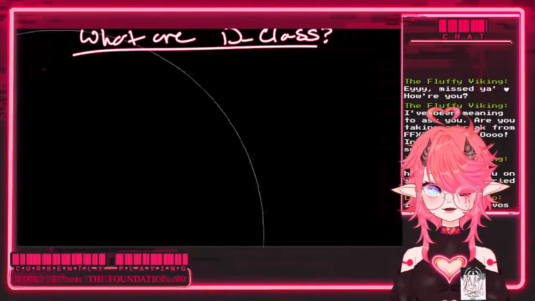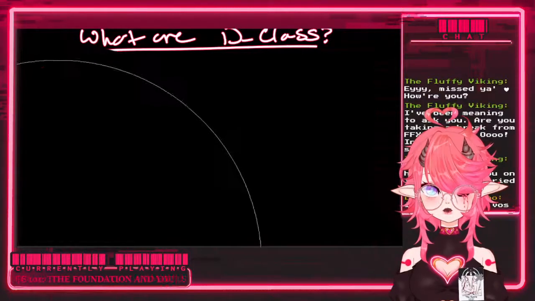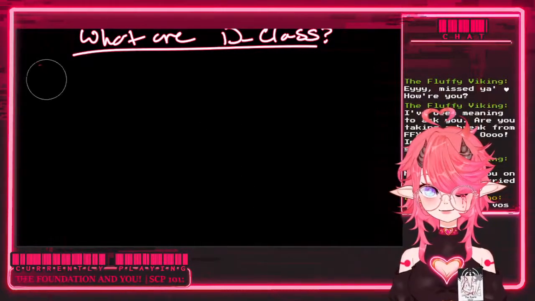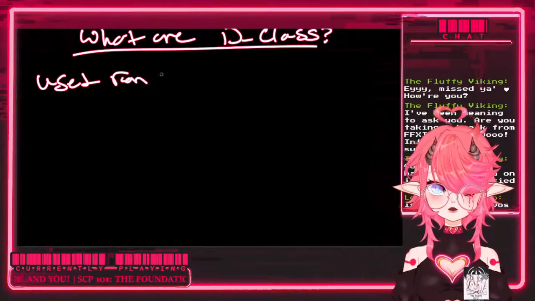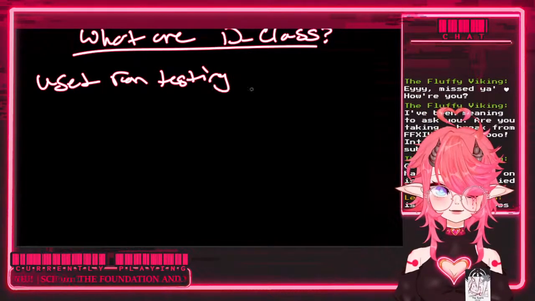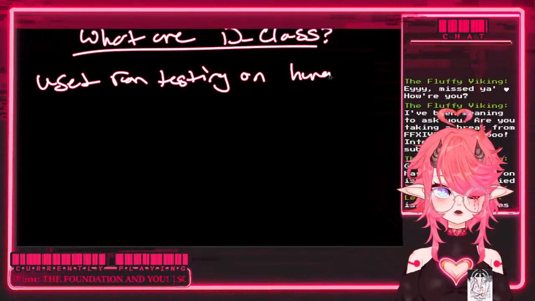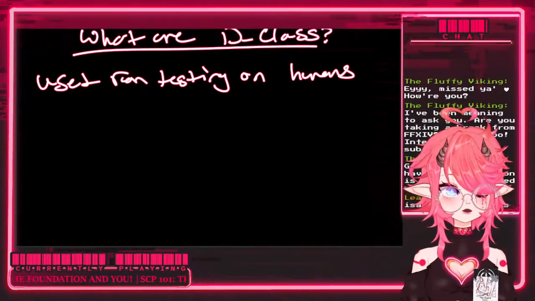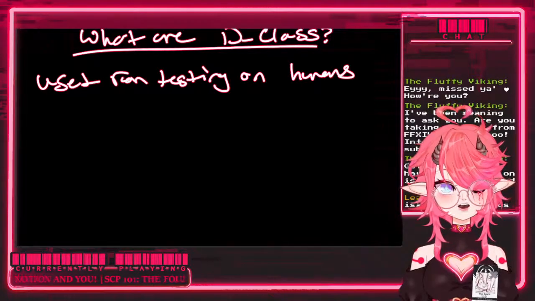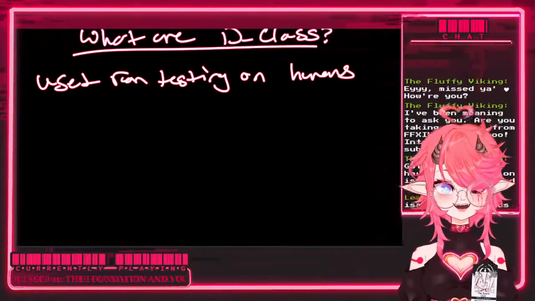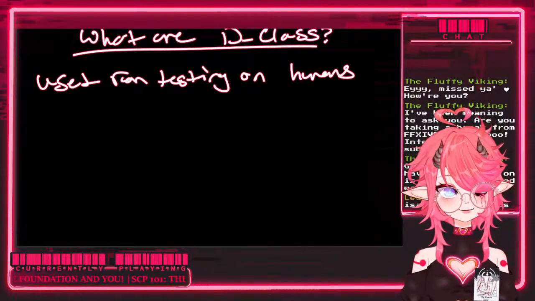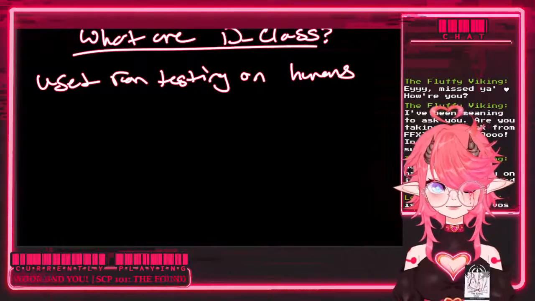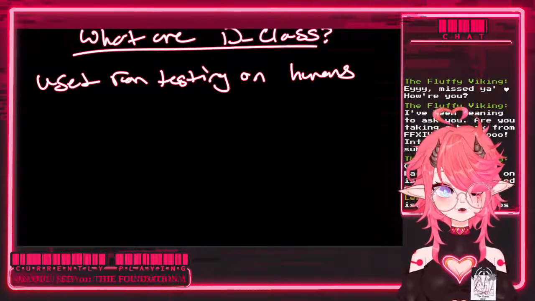Now, D-Class personnel are used in testing. They are used for testing on humans. So when the SCP Foundation themselves get a spicy SCP, and they want to test what it does to people or how it interacts with the world around it, usually they will use the D-Class personnel to figure out what is going on with that.